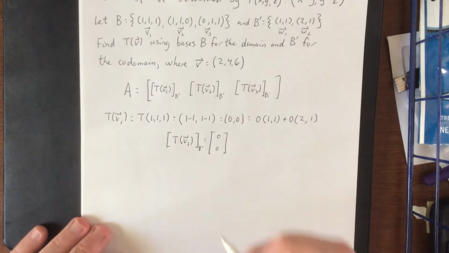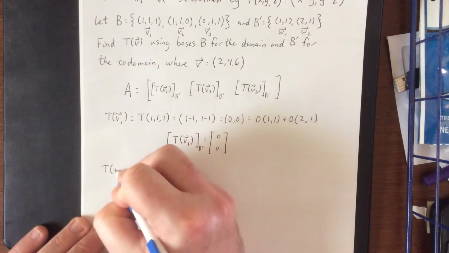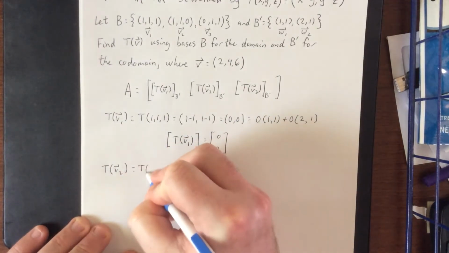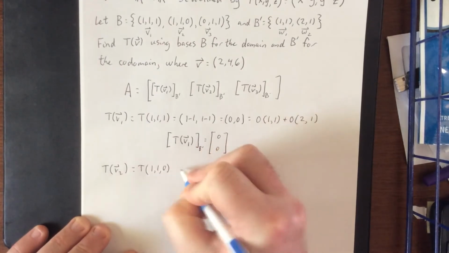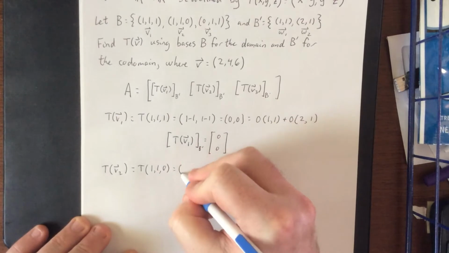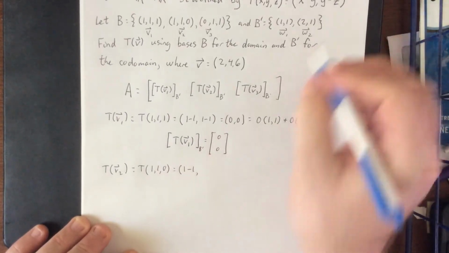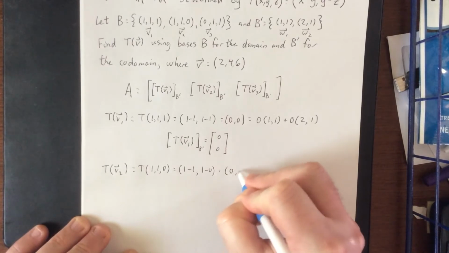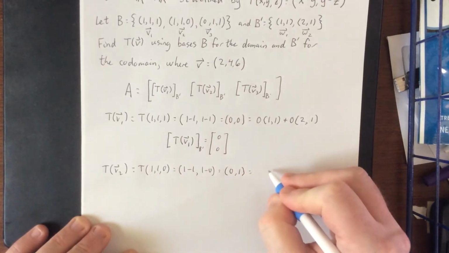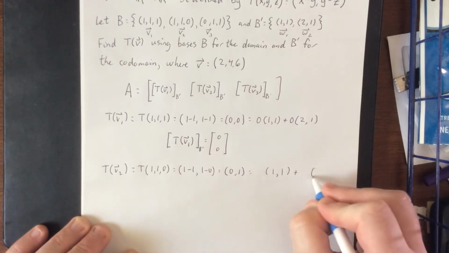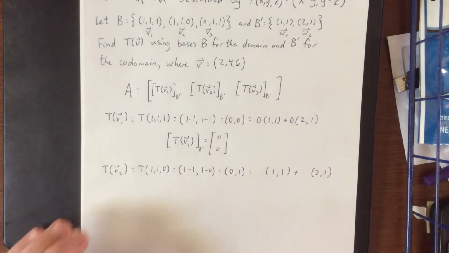Let's do the same thing for the next one. T of v2 is going to be equal to T of (1, 1, 0), which again, we take the difference of the first two components, 1 minus 1, and the difference of the second two components, 1 minus 0. What we wind up getting is (0, 1), which we are supposed to represent as a linear combination of the vectors (1, 1) and (2, 1).